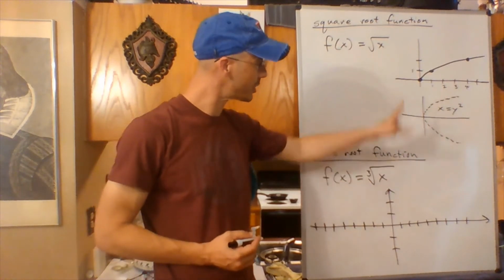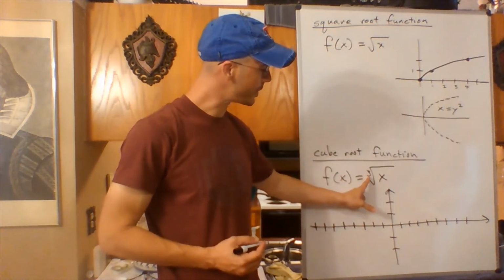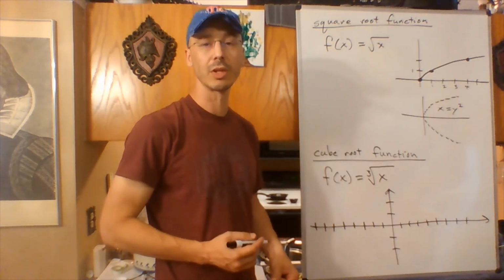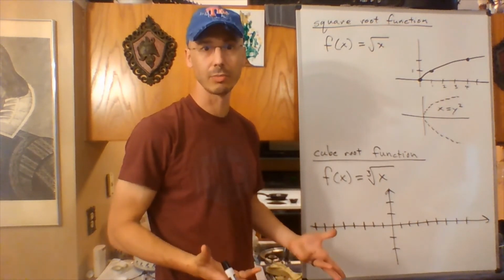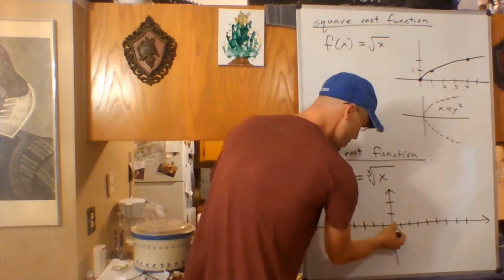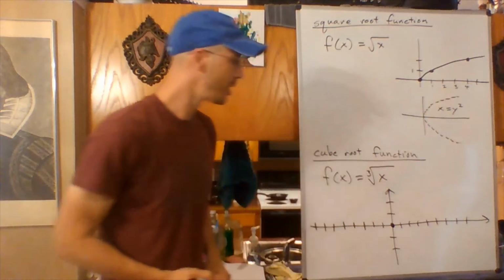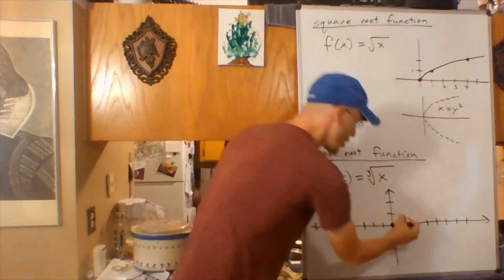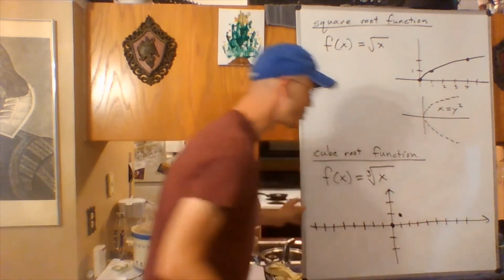Let's start at 0 like we did before. The cube root of 0 is 0 because 0 cubed is 0. So 0, 0 is the point on the graph. The cube root of 1 is 1. 1 cubed is 1, so the cube root of 1 is 1.